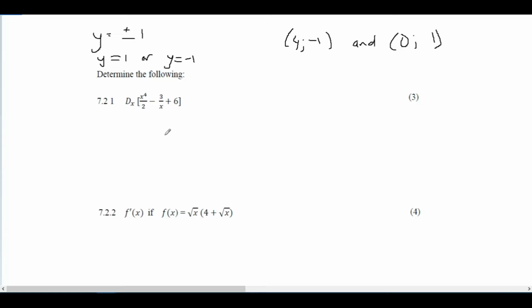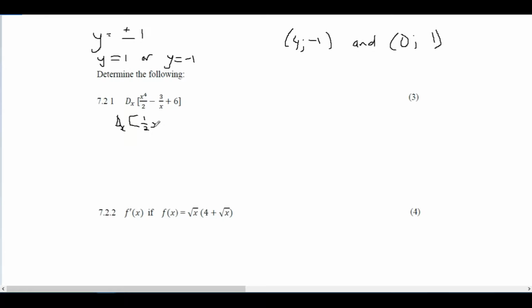The best way to do this is first to write it out in a much easier way to work with. So we'll have dx of, and instead of writing it over 2, we're going to bring the half to the front.